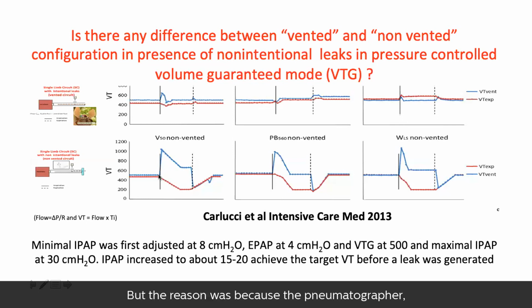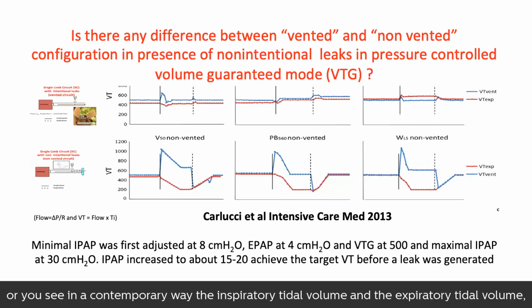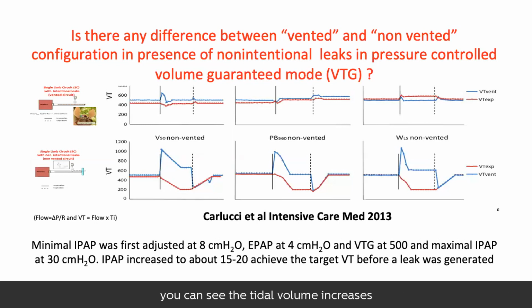But the reason was that the pneumotachograph, the flow sensor of the ventilator, was reading a very high tidal volume. Why? It's very simple. If you look at an ICU ventilator and you see in a contemporary way the inspiratory tidal volume and then the expiratory tidal volume, you can see the inspiratory tidal volume increases while the expiratory tidal volume decreases.